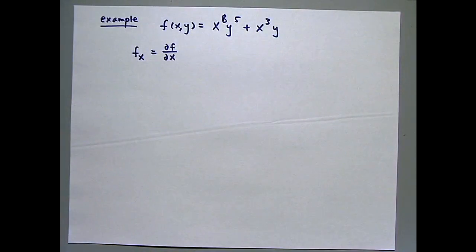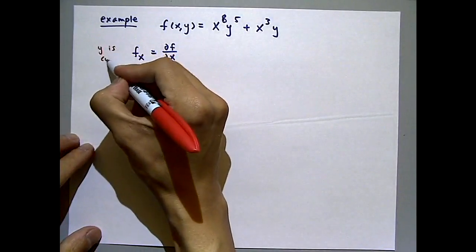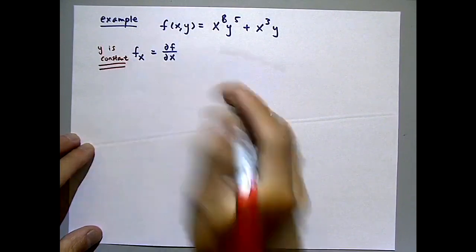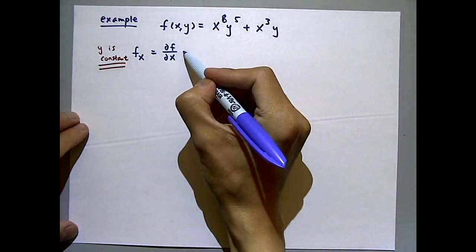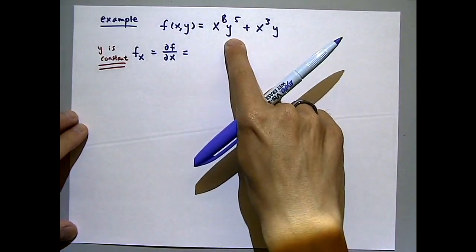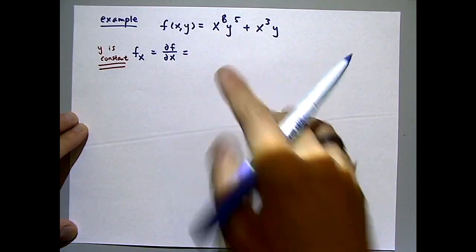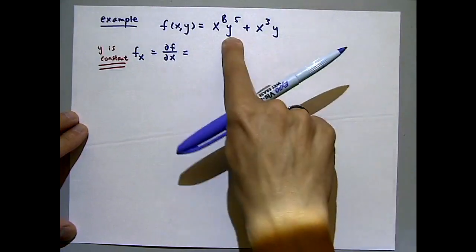To find f_x, remember y is treated as a constant. So in this first group, x to the 8th times y to the 5th, you should treat it like 2 times x to the 8th, because y to the 5th is a constant now.